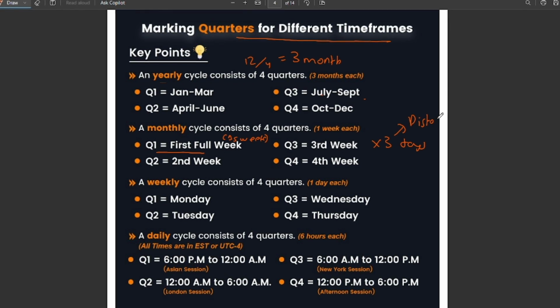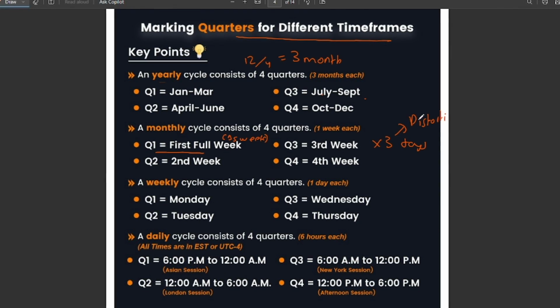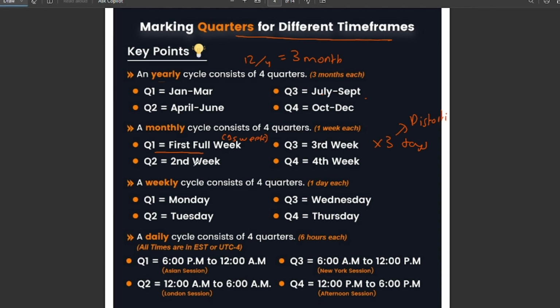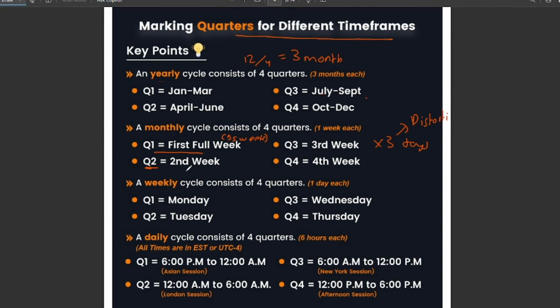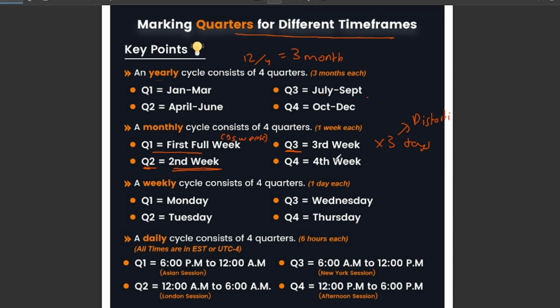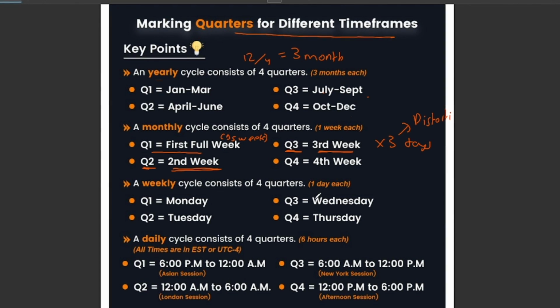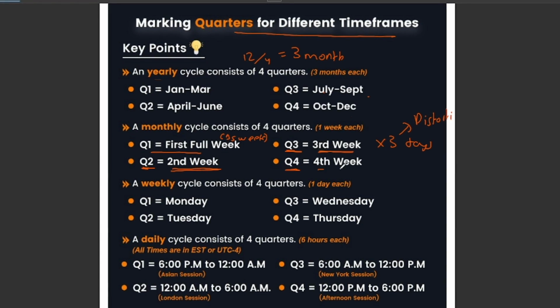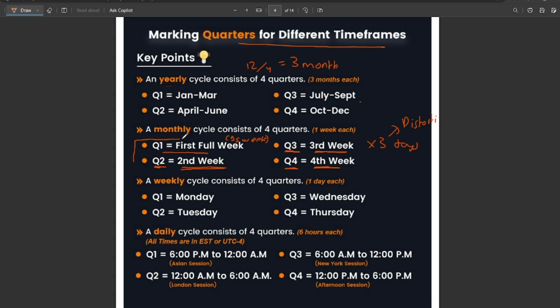So your Q1 of the monthly cycle would be your first full week, your Q2 would be the second week of the month, your Q3 the third week, and your Q4 the fourth week. Also remember here that these 4 quarters have different purposes that we will discuss later in the video. This is just to tell you how to mark the quarters on different time frames.